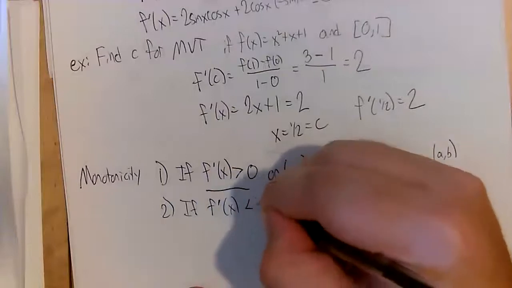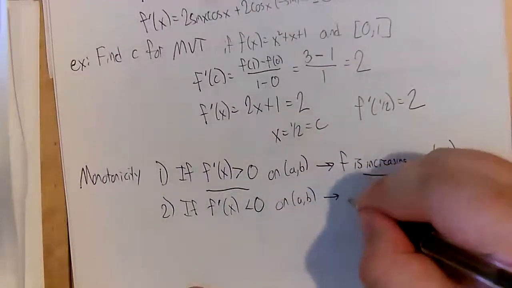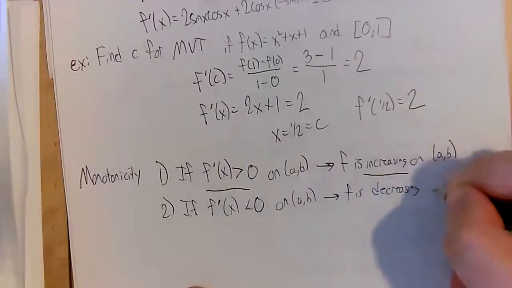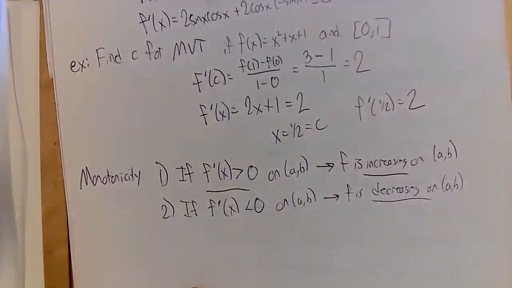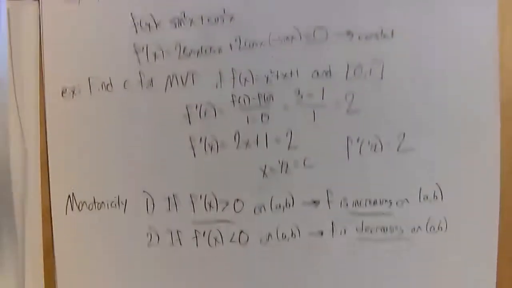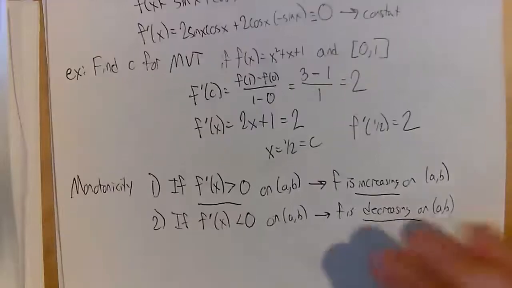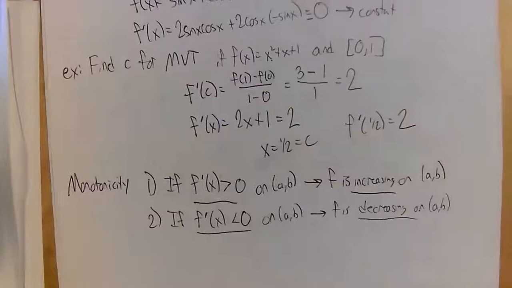And then, as you might imagine, if we have a negative derivative on some interval, then f is decreasing on that same interval. And just like some of the other theorems we used earlier, we could use the mean value theorem to prove these. All right, so these are going to be some facts that we're going to use quite a bit in a future lesson here.